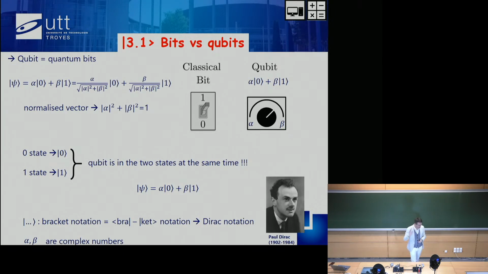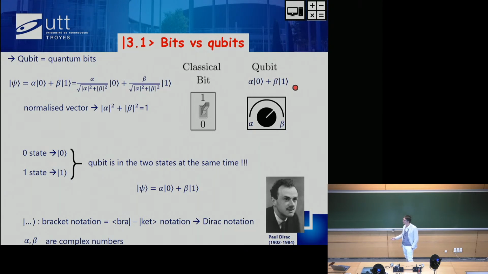Right. So first of all, I already showed that last time. Qubit stands for quantum bits. So we saw before, and we know that the classical bit has 2 outcomes, so it's either 1 or 0. But a qubit is something more than that.